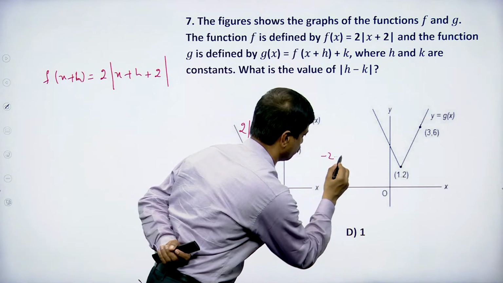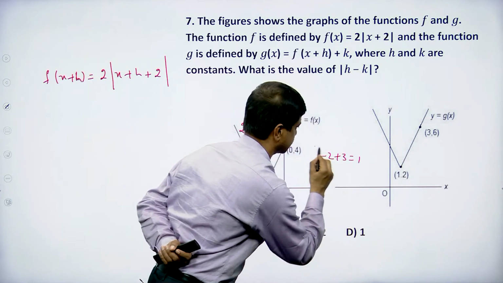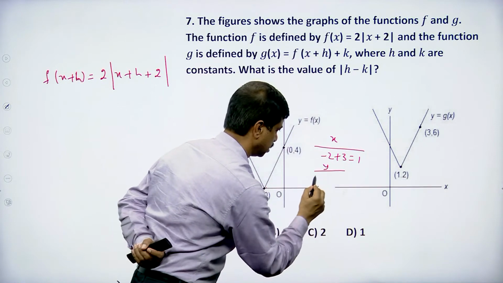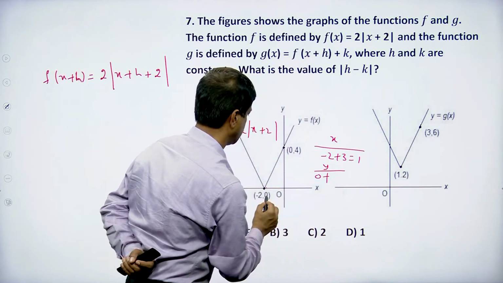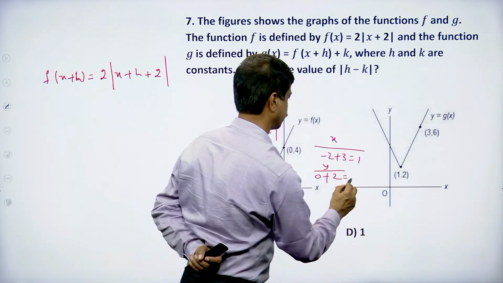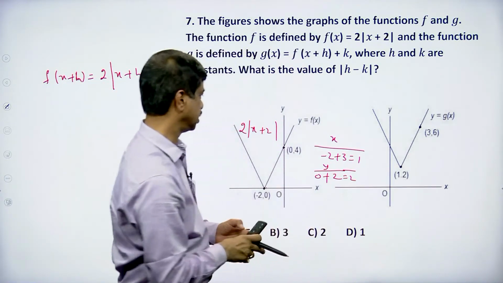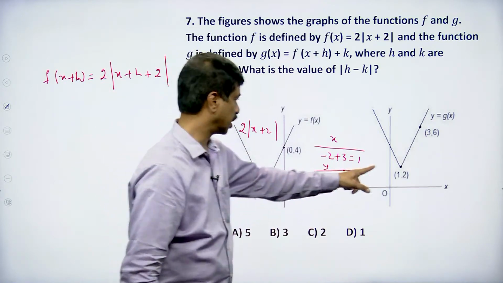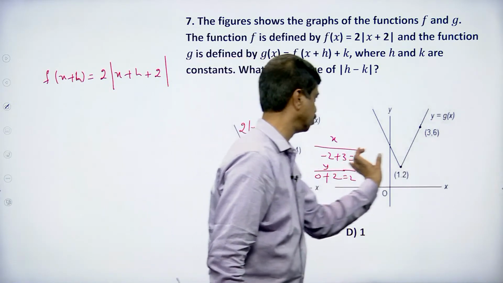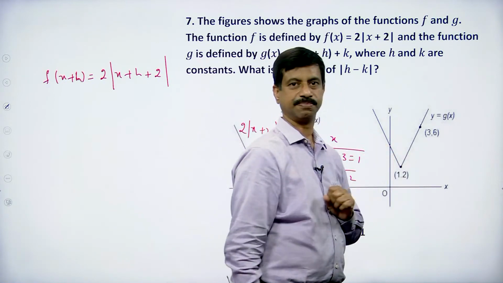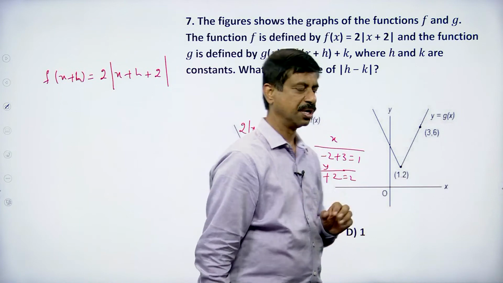So minus 2 plus 3 equal to 1 for x, right. So y is 0, 0 plus 2 will become 2, okay. So now you see, that means for x we are adding 3 and for y we are adding 2 to get this shift, means the same graph is moving like this, right children.